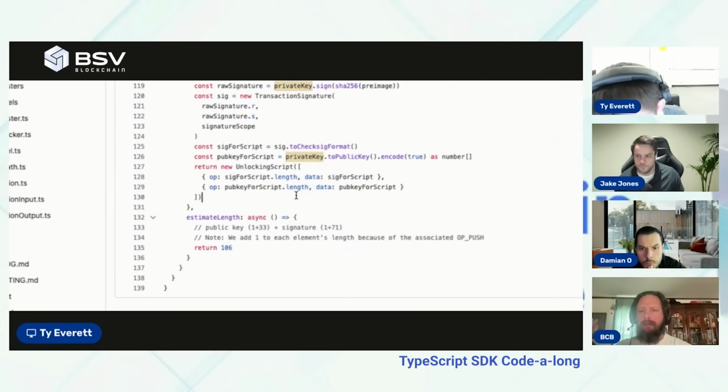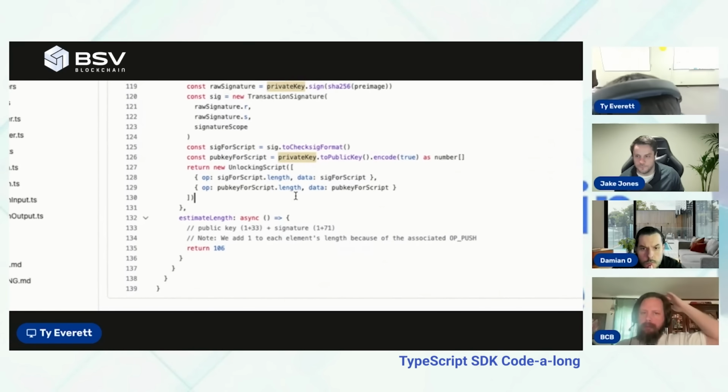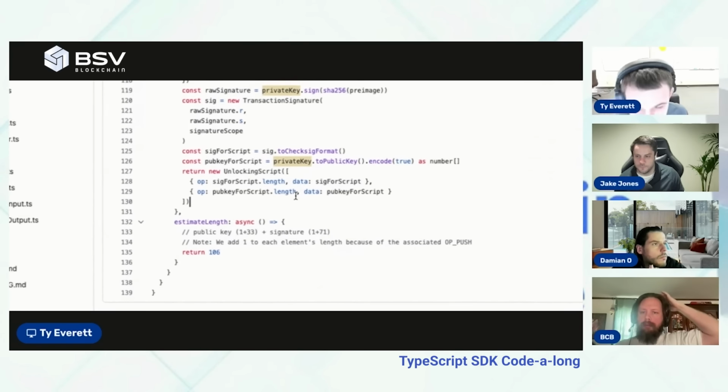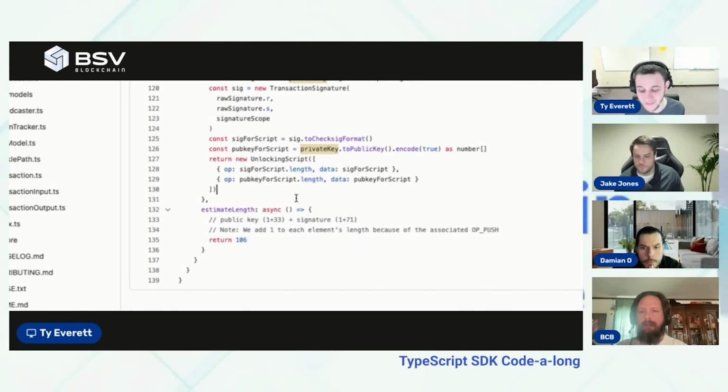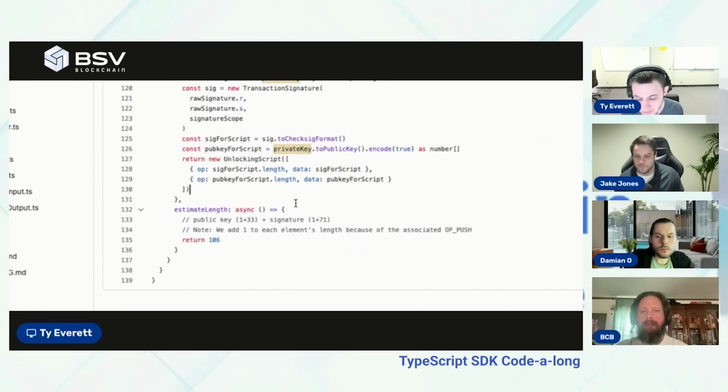So now you unlock this UTXO by providing the signature and the public key on the stack in your unlocking script, and you return that out, and then you're done. That's how the unlocking of a pay to public key hash UTXO works in Bitcoin, and that's how you can define such with this script templating system.